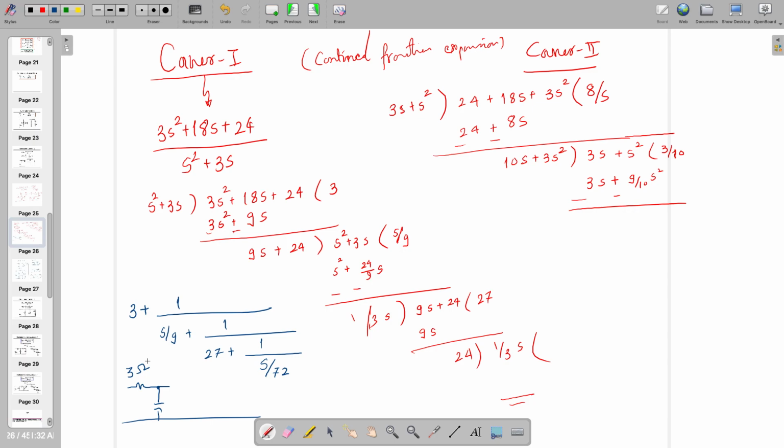Yes, that is right, then fine. Okay, fine. This is correct or wrong? This is 27 ohm.